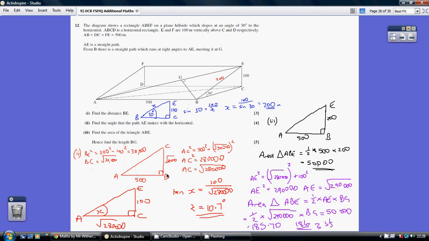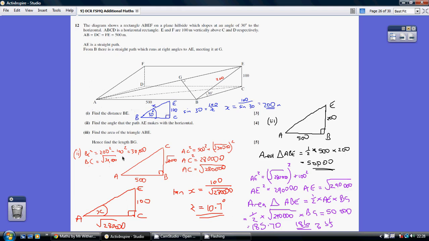I know that AB is 500, and BC I can work out from this triangle I've just done. So BC is going to be 200 squared minus 100 squared, square root thereof. So BC falls out of the workings I've just done for part 1.